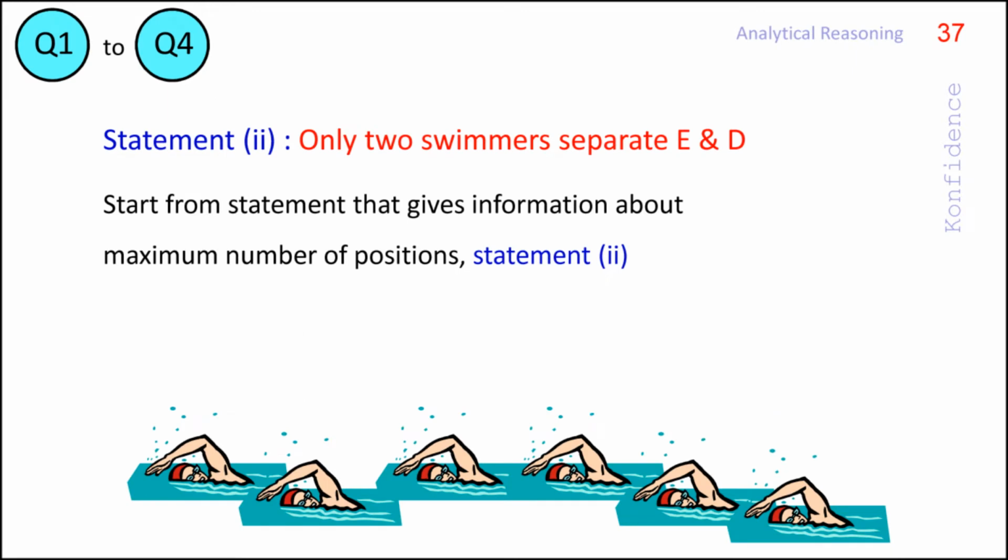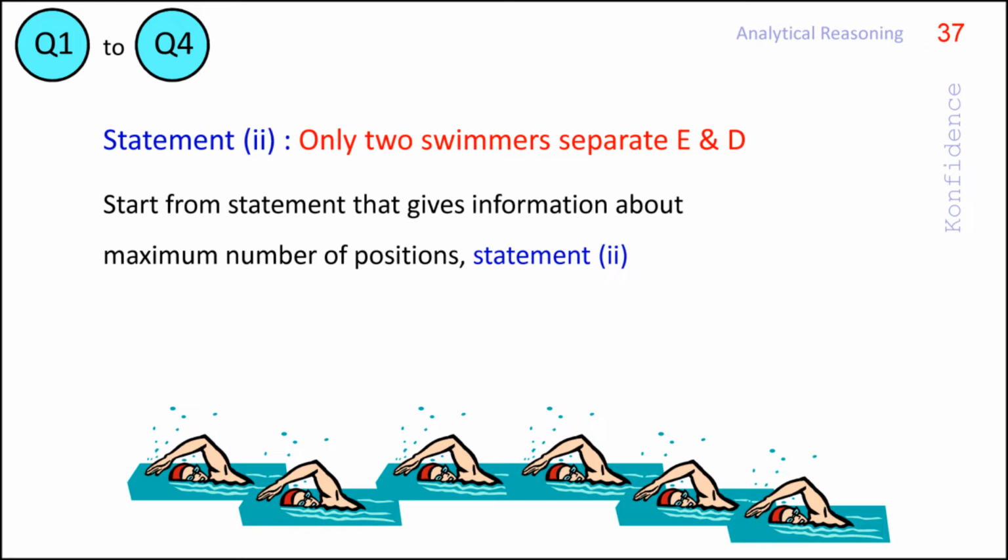On seeing these questions, the first thing that strikes our mind is, how do we start attempting this set of questions? The thumb rule suggests that we should start from the statement that gives us information about the maximum number of positions. Here, the statement that gives us information about maximum number of positions is statement 2.